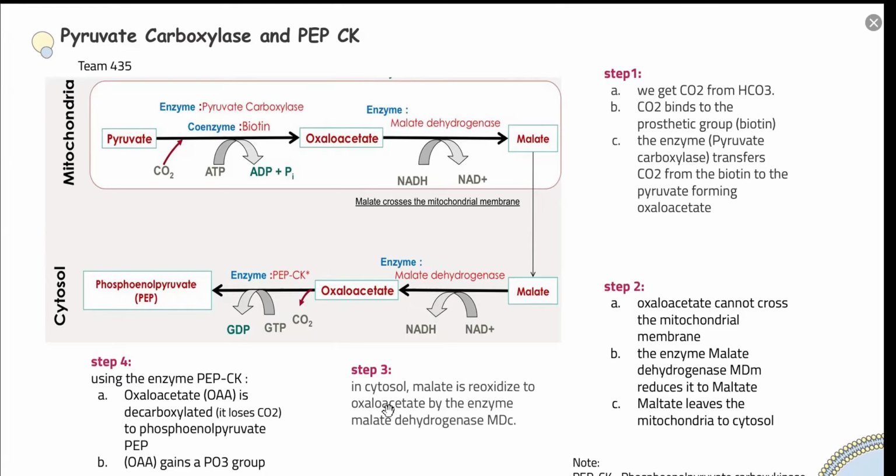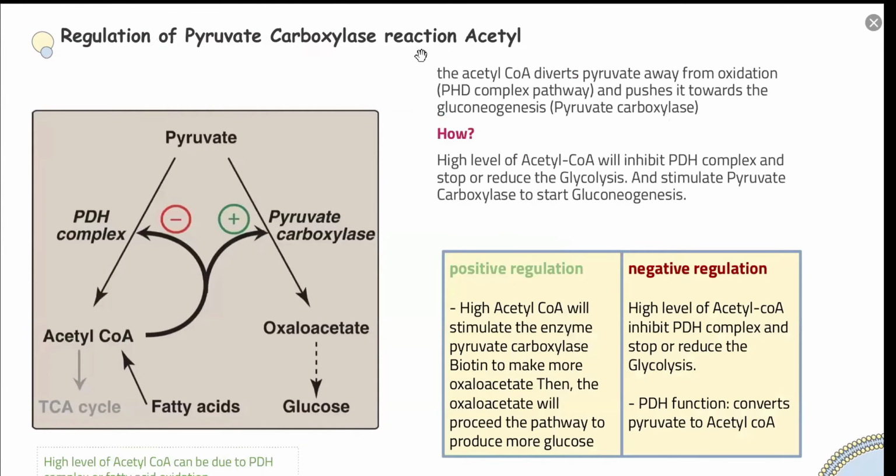And then finally in the cytosol, the malate is reoxidized to oxaloacetate by cytosolic malate dehydrogenase, and then in step 4, using phosphoenolpyruvate carboxykinase, the oxaloacetate will be decarboxylated and gain a phosphate group to become phosphoenolpyruvate.